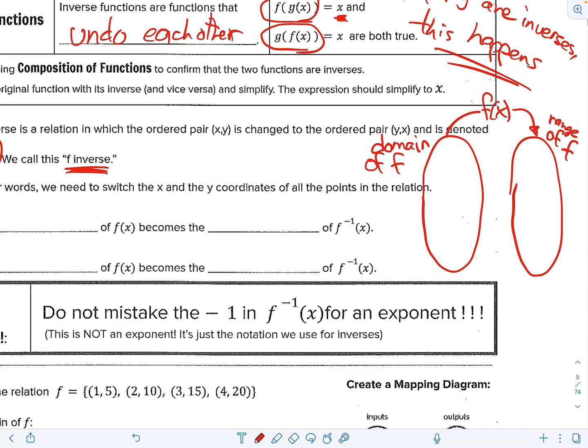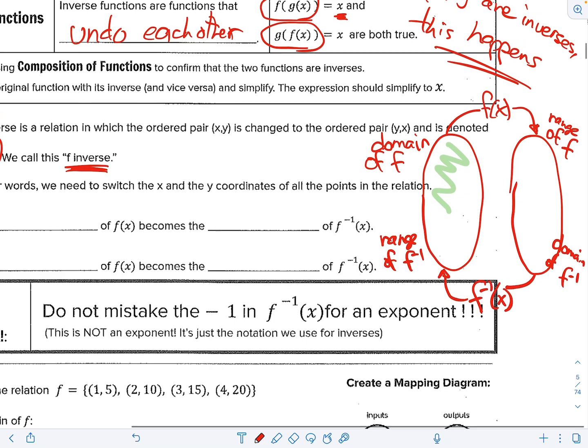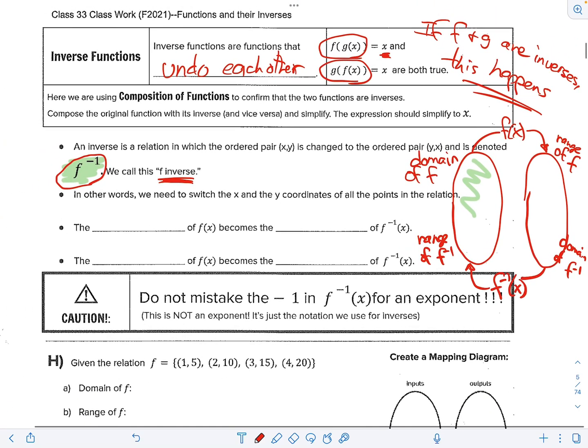But if there's a function that takes them back, called the inverse, f inverse of x, then what used to be the range of f is now the domain of the inverse. And if the inverse takes it back to the original oval, then that is now the range of f inverse. So these sets become either domains or ranges depending on which direction you go.